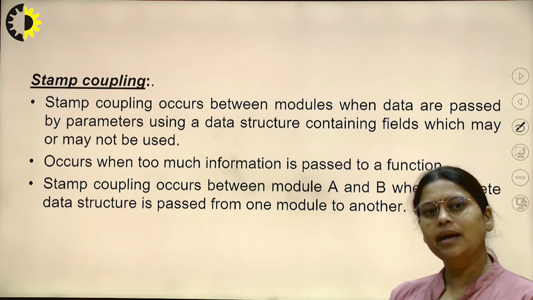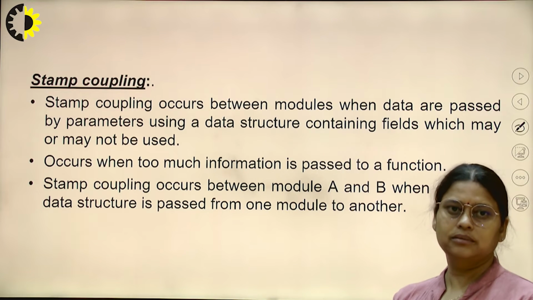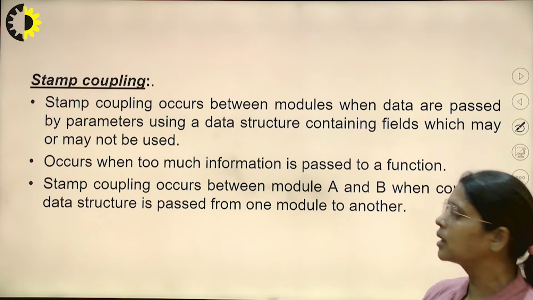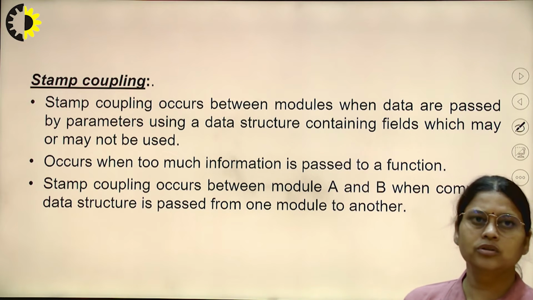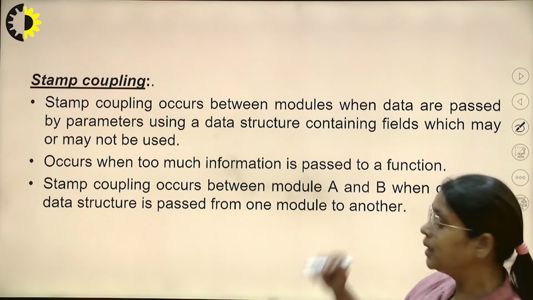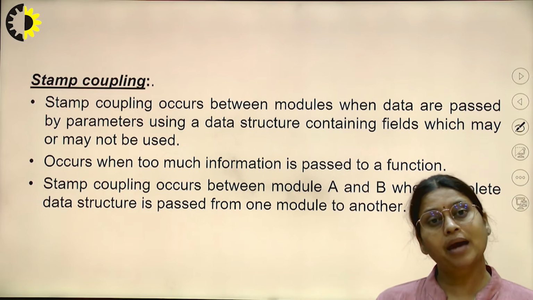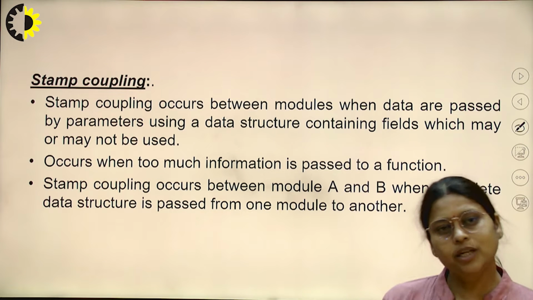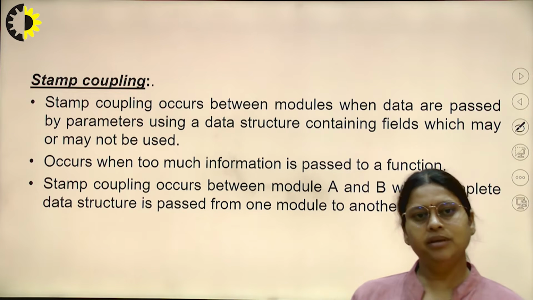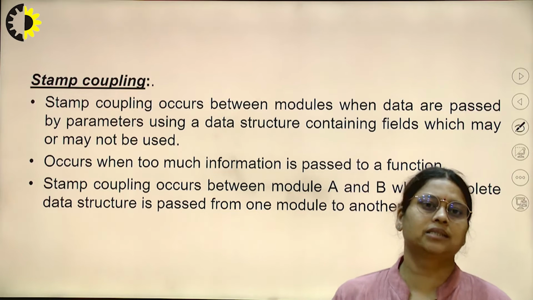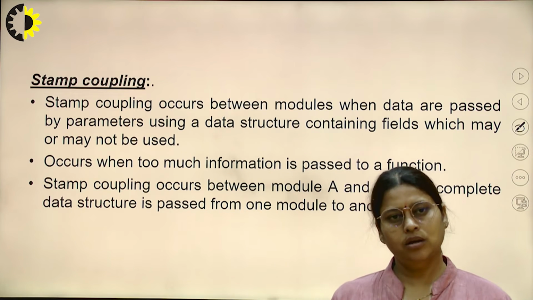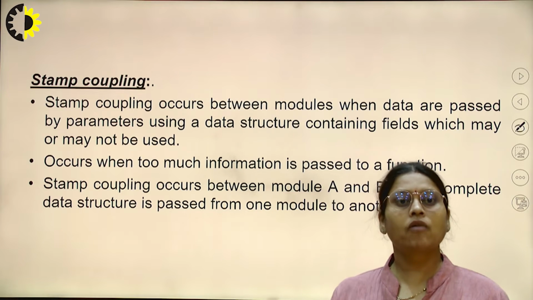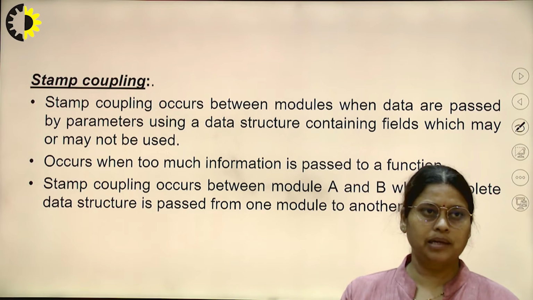Now the second category is stamp coupling. Stamp coupling occurs between two different modules when the data are passed by parameter using a complete data structure. So instead of passing one or two parameters, we pass the whole data structure from one module to another module. This is a stronger form of coupling as compared to data coupling.